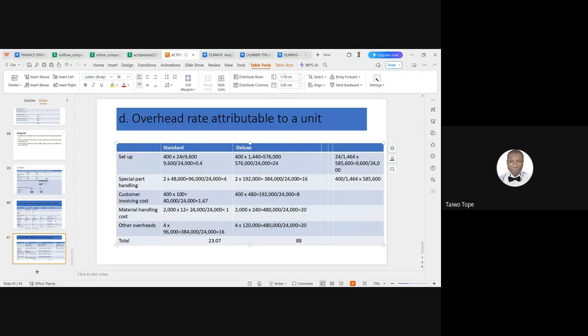The approach is the ratio of totals. So far, we are using ratio, sir. I said that 400 should be 1,440. Okay, yes, it will be 1,440.